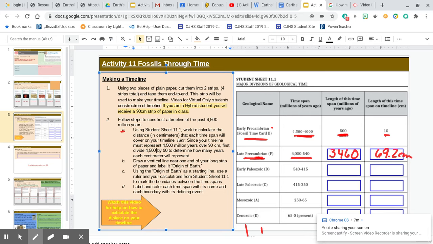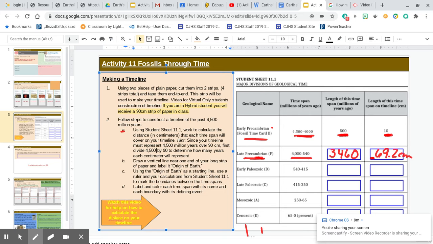So on our timeline the early Precambrian is only going to be 10 centimeters, while the late Precambrian is going to be 69.2 centimeters long.